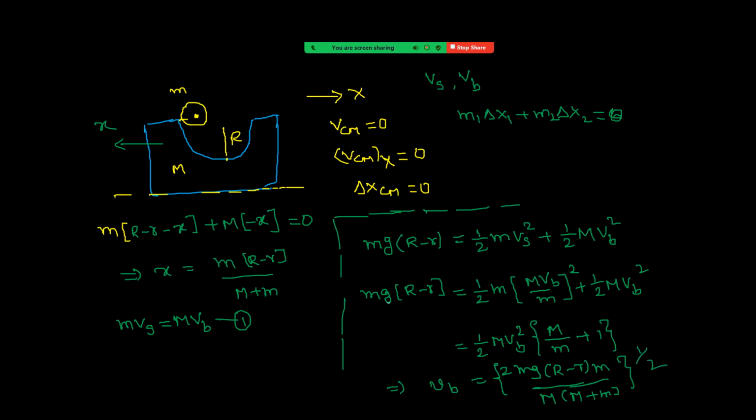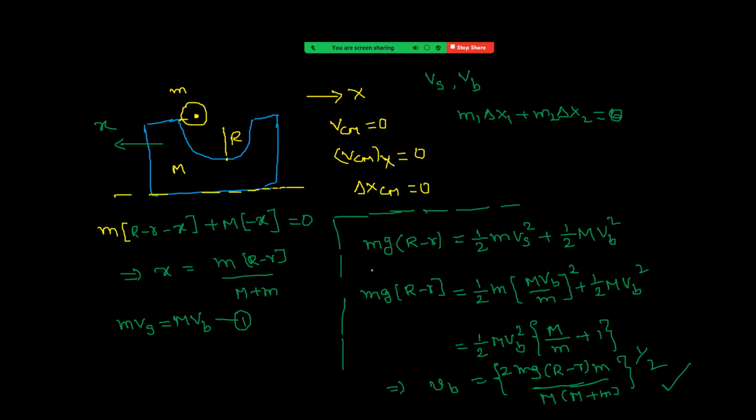Check once: 2 mg (R minus r), small m I have taken there, by capital M into (capital M plus small m). You can take that outside, that is not a problem. This is the final answer.